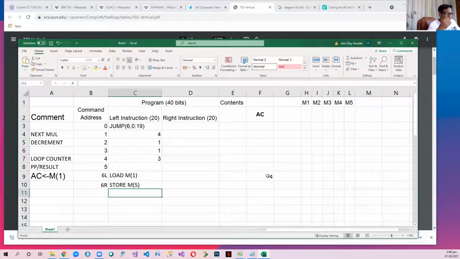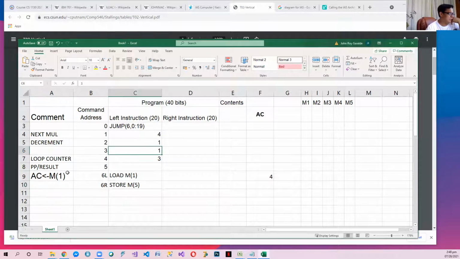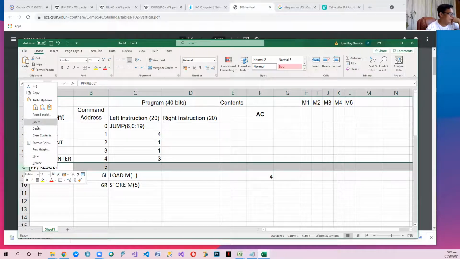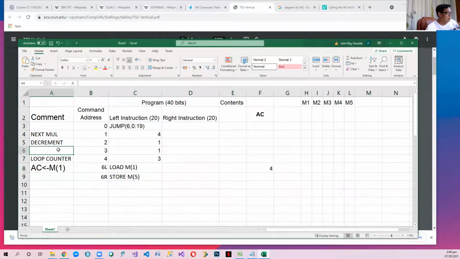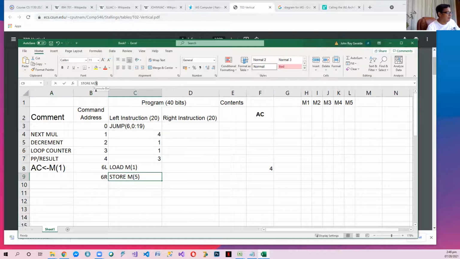Because M of 5 is our next partial product. So we copy this. Kasi ano eh, why don't we just use this as our ano, kasi M3 is not used. We'll remove this, no? Para di tayo mahirapan. Okay. This will be our loop counter. We change this a little bit, no? Kasi mas madali pala kung walang ano. This will be our PP. And then result. Okay. So that this will be just we store M4. No?